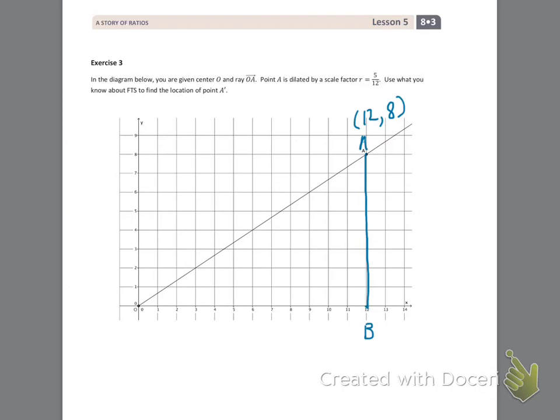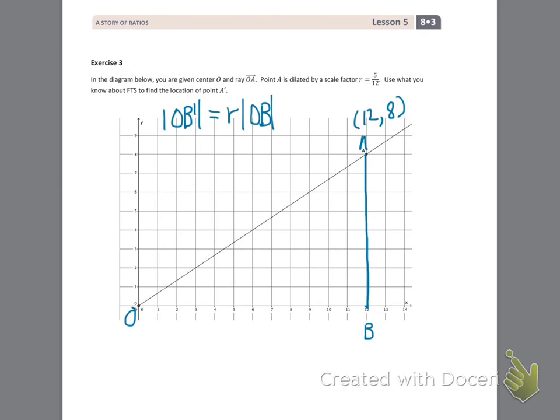So again, we always have this relationship of the distance of any dilated segment. What I'm trying to do right now is find out where B prime would go on the x-axis. So OB prime, the distance, is equal to the scale factor R times the original distance OB.